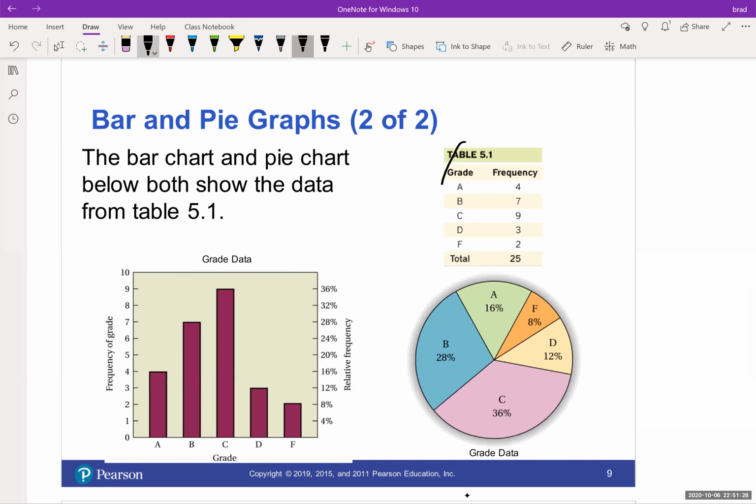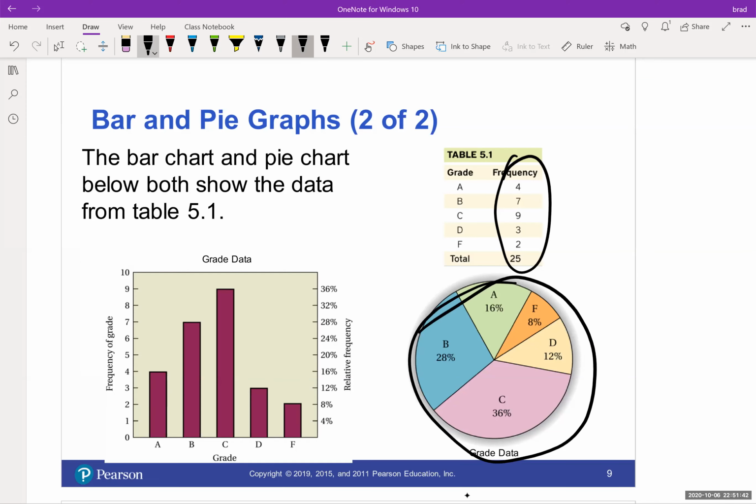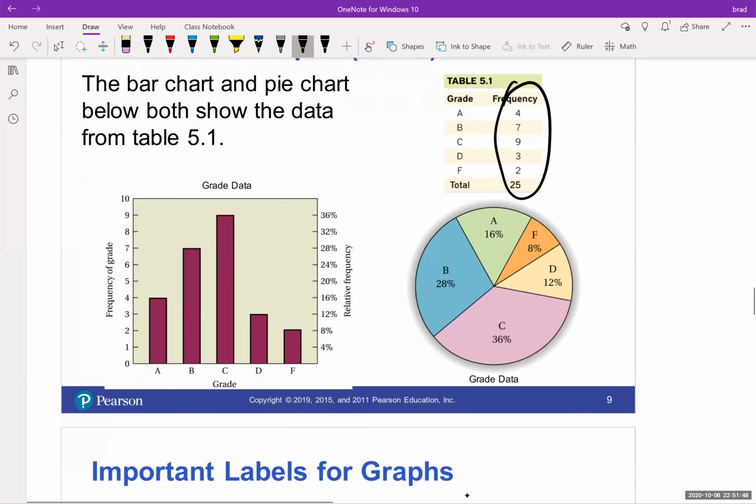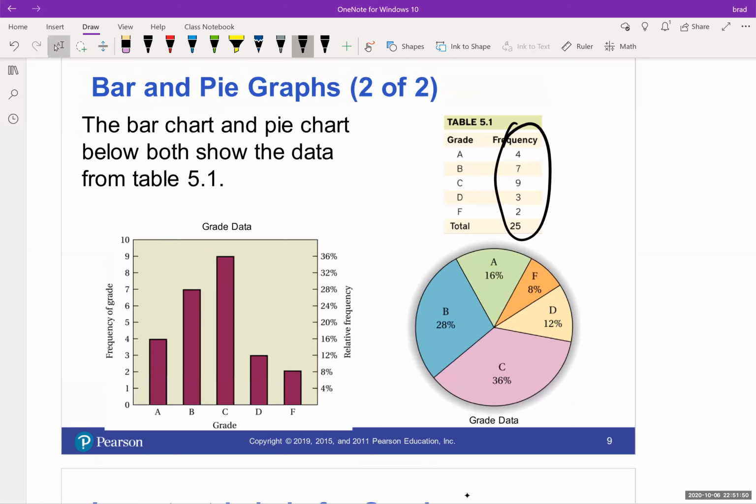Now again, a grade of A, B, C, or D, right? That is a qualitative data value, okay? So they're going to use a bar chart and a pie chart to show you, but they need to convert this to relative frequency in order to give us this pie chart. But we'll get to that in a second. Oh, I think they actually use it for, oh yeah, see, they even want relative frequency for both.